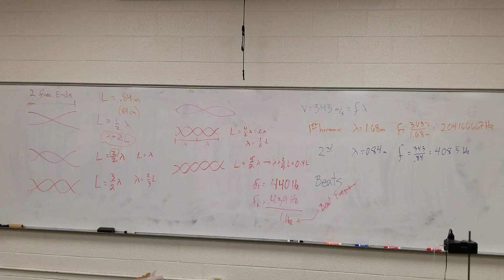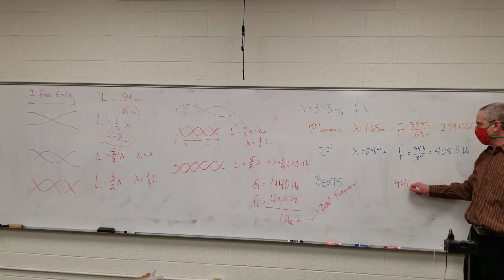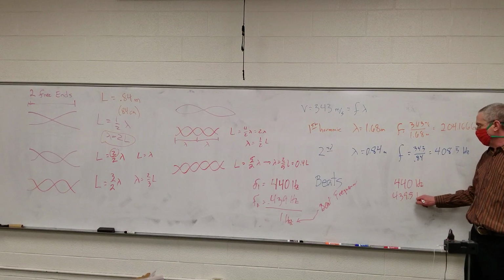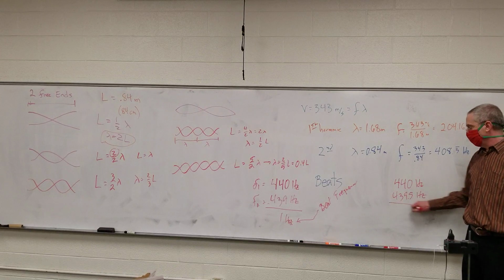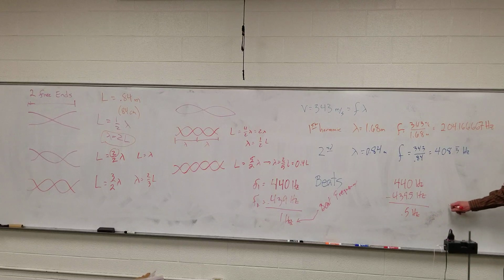Okay. I'm now going to do 440 and 439.5. So first, let's predict. So if I'm playing 440 hertz and 439.5 hertz, what's the beat frequency? 0.5. Just subtract. So that is the beat frequency.